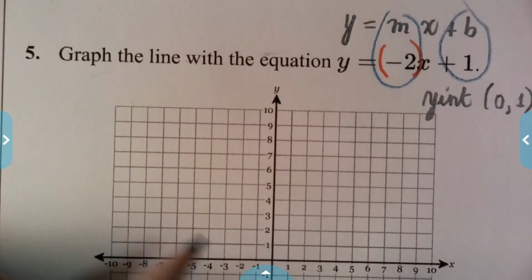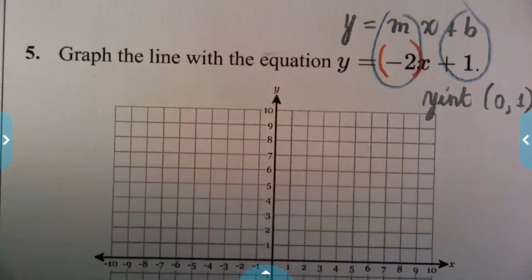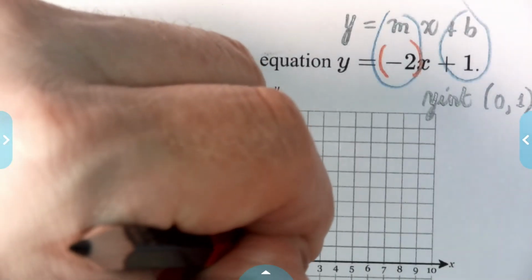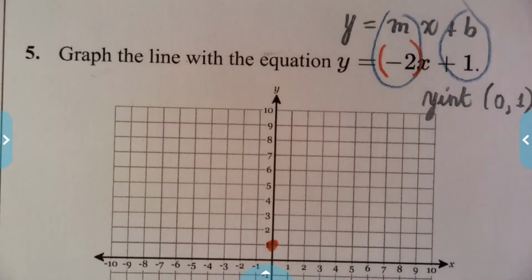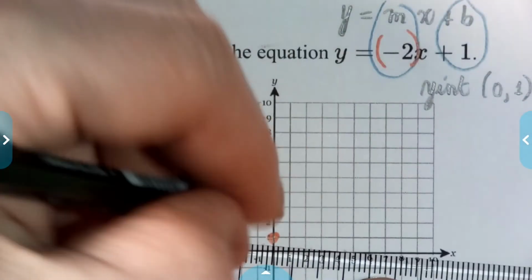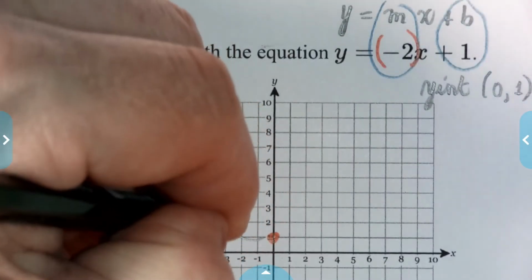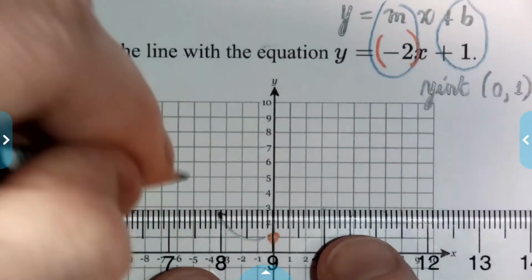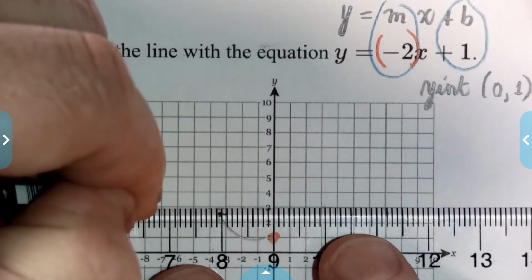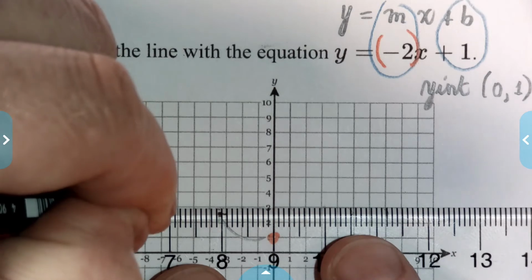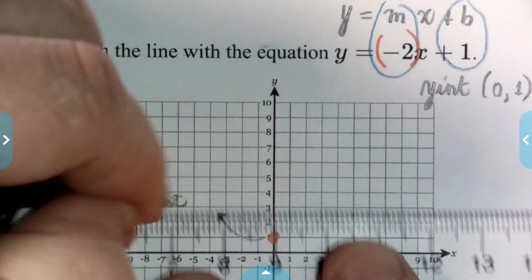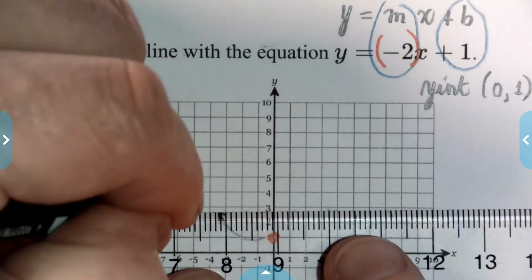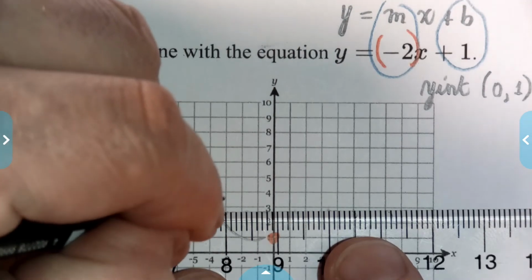It's right there, and we'll plot that point and label it. This is the y-intercept, 0, 1.